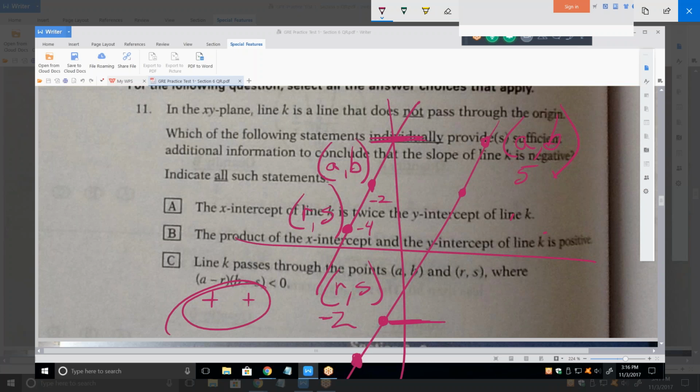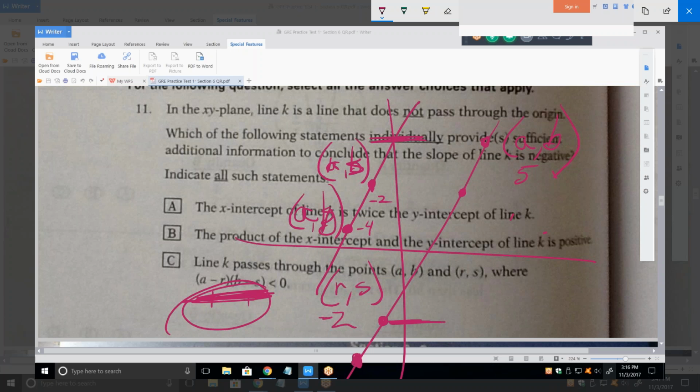So every slope I have drawn with a positive slope, this turns out to be negative. A minus R times B minus S. And guess what? It doesn't matter if I make that R and that S and that A and that B. Does not change the sign.